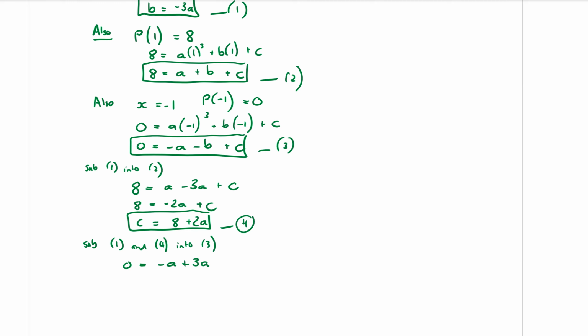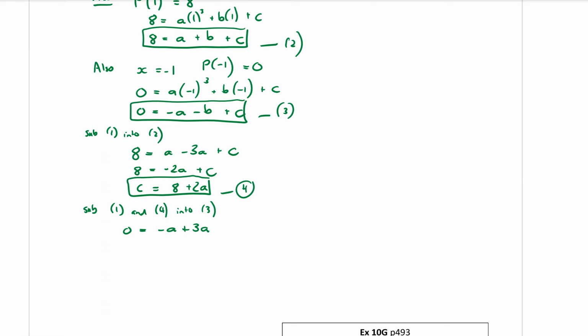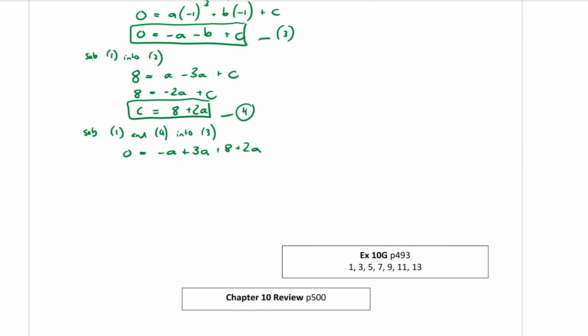And then it's plus c, but instead of c, we can sub in that c is equal to 8 plus 2a, which is our equation 4. By doing that, we have got an equation with just a in it. So -1 plus 3, so that's 2, plus another 2 is 4. So we have 4a plus 8. Move the 8 across and divide by 4. We finally get one of our solutions. a is equal to -2.